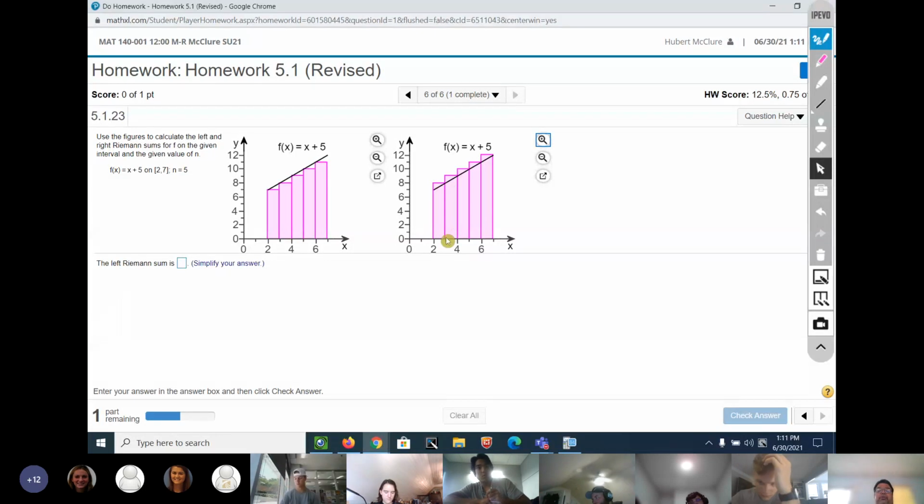The points are hitting the line on the right side. 3 is hitting, 2 is hitting on the right, and so on. The excess is on the left. There are 2, and you're going to get similar areas, but not the same. I assume these are supposed to line up. They don't look like they line up, but I think they're supposed to line up.